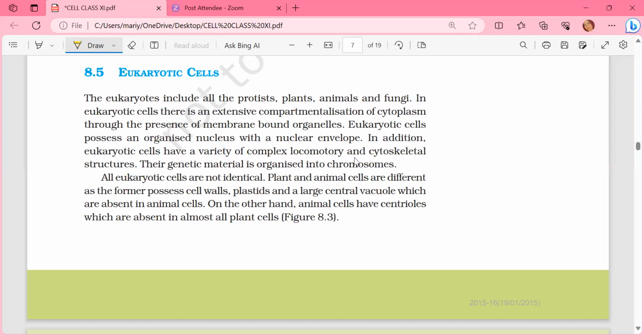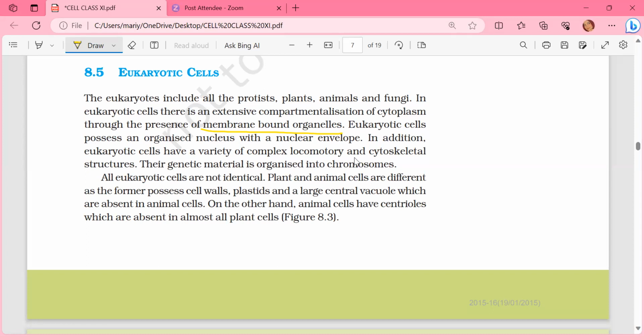In the eukaryotic cell, there is an extensive compartmentalization of the cytoplasm through the presence of membrane-bound organelles. Every organelle present in the eukaryotic cell is bounded by a membrane, so they are present separately, even though they are at one location. That is why the word compartmentalization has been used.